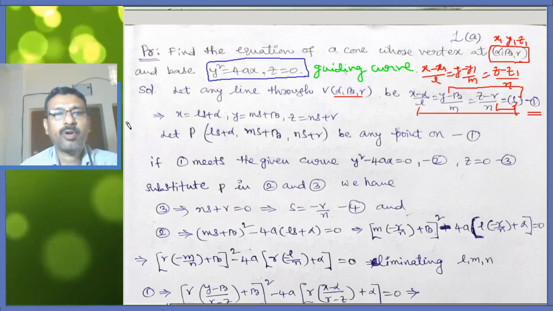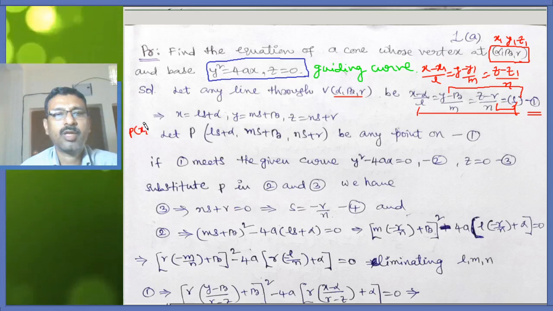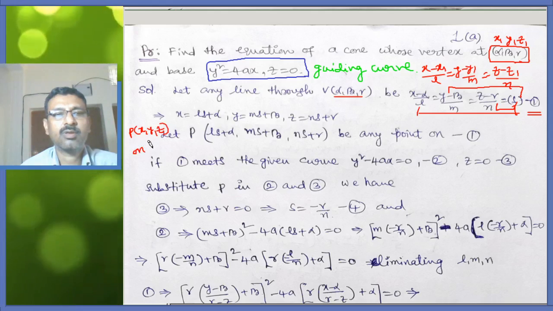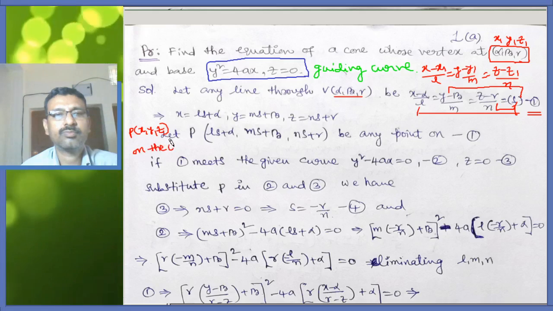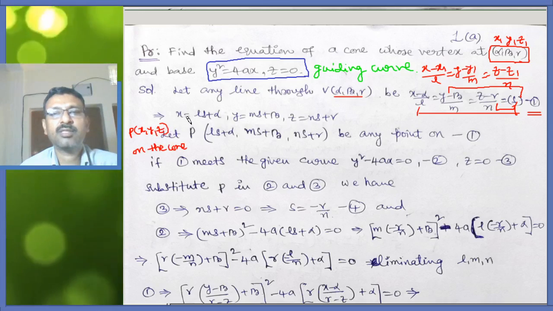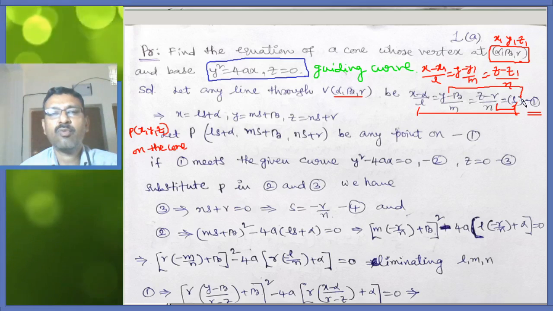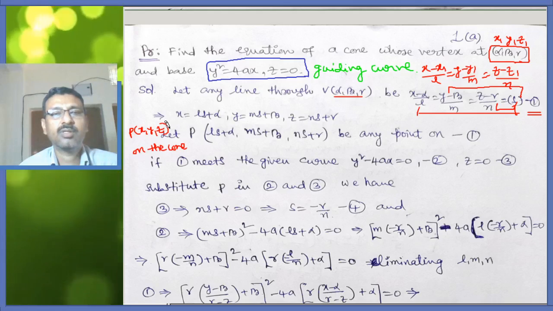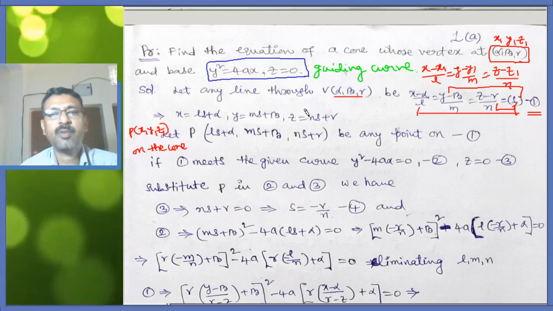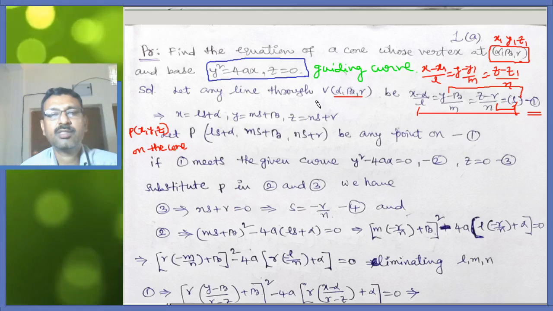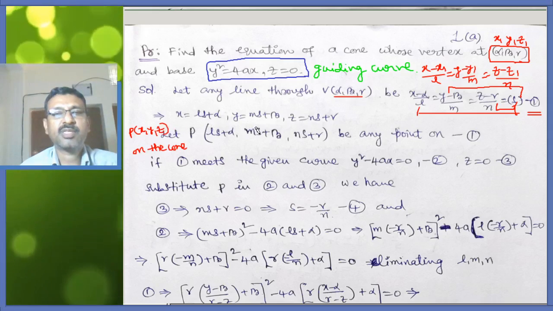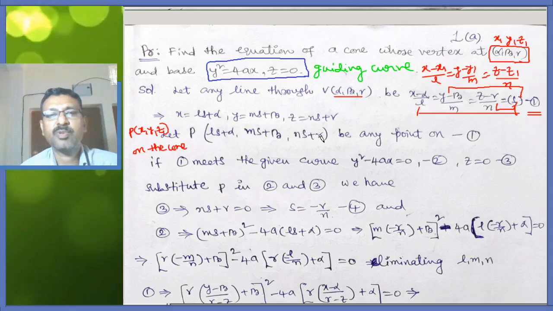Now I am taking a point P(x, y, z) on the cone. Here P(x, y, z) is on the cone and P lies on a generator, the line 1. So any point on the generator is P, taken as (ls plus alpha, ms plus beta, ns plus gamma).